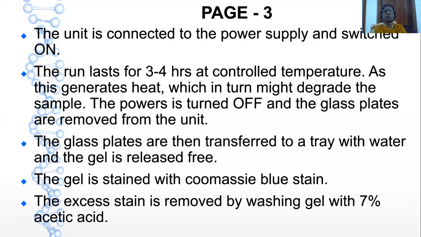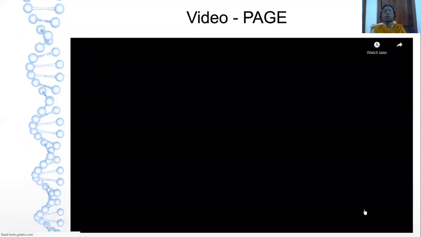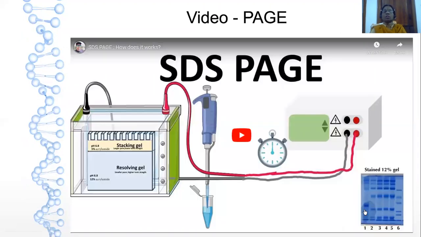So wash the gel a couple of hours, 3 to 4 times, till clear bands appear. You can see the image here at the bottom right corner. The bands are darker. This is the sample. The background is blue, so we have to remove the excess stain by repeated washings with 7% acetic acid.